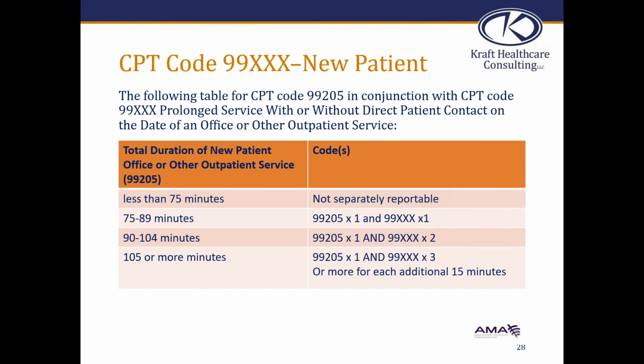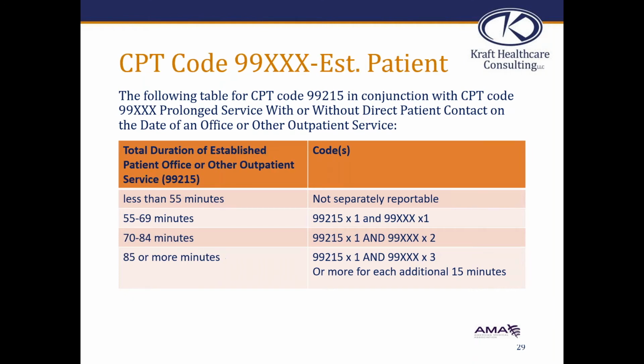But if you spend 75 to 89 minutes, it's going to be 99205 with 1 unit, and then this 99XXX times 1 unit. 90 to 104 minutes, same thing, your 205, 1 unit, but your 99XXX goes to 2 units, and then 105 or more minutes, you've got 3 units or more for each additional 15 minutes. So basically it's showing you use your code and then you use your add-on code, and the number of units for that 99XXX is based on 15-minute intervals.